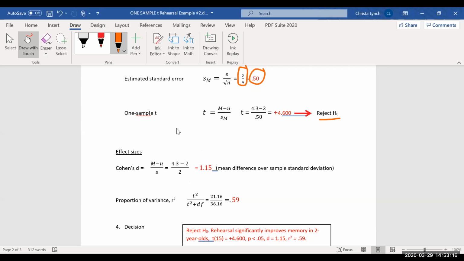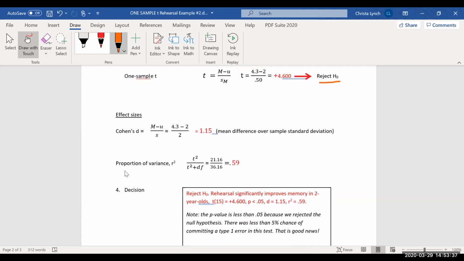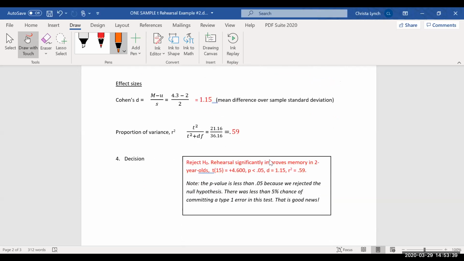Okay. So then we go down here, our Cohen's d is 4.3 minus 2. All right, so again, it's going to be the same mean difference, 2.3 divided by 2, 1.15. All right, this is a pretty big Cohen's d, which makes sense because we rejected the null hypothesis. Then our proportion of variance accounted for.